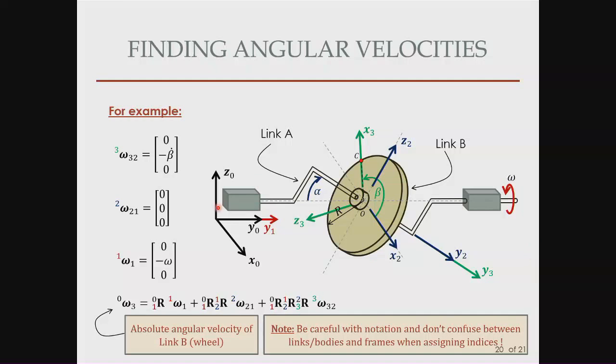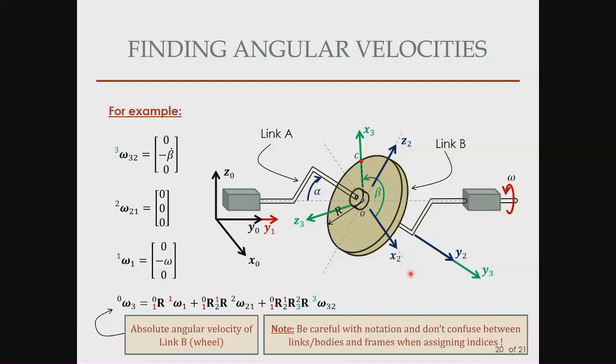Now, essentially we need to find this omega 3, and if we want, we can find it in frame 0, so its components in the black coordinate system. Absolute angular velocity of the wheel expressed along the black axis. If I wanted, I could also express the same vector in any other coordinate system, blue, green, red, any.